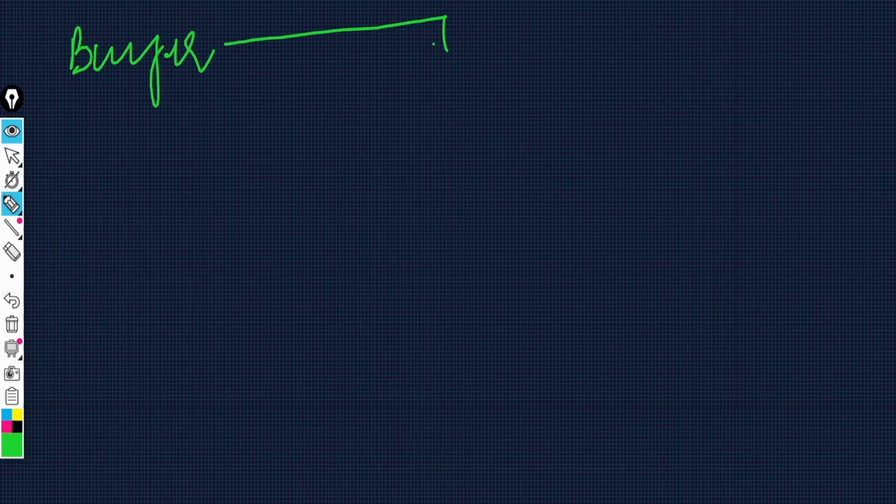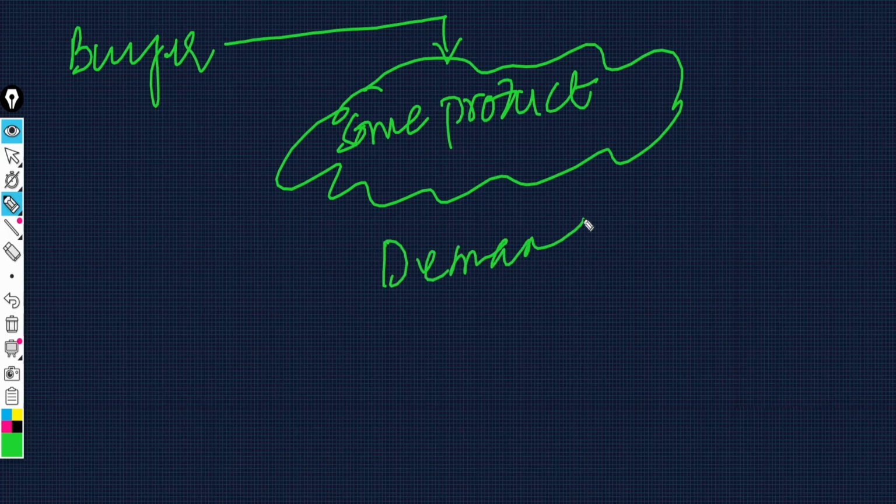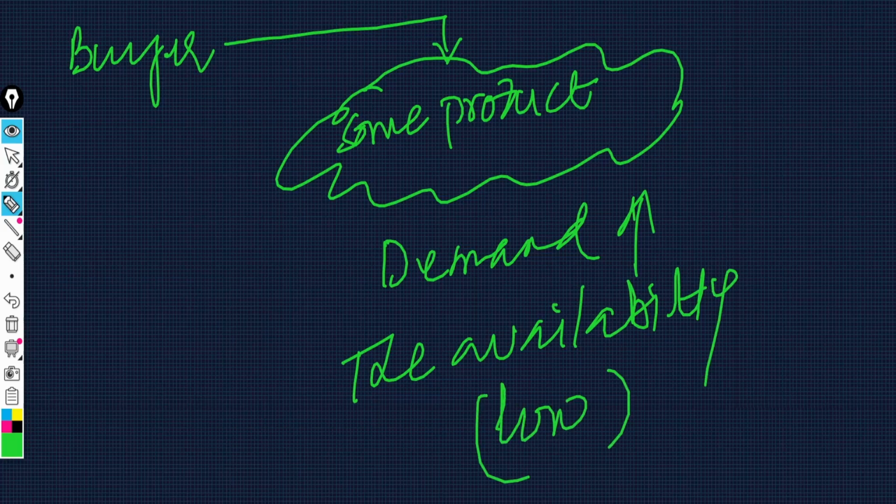Let's take another example. We are the buyers and we went to the marketplace to buy some product, but that product is in demand and the availability in the market is low, and that product we need.